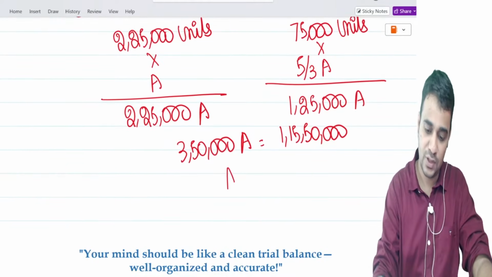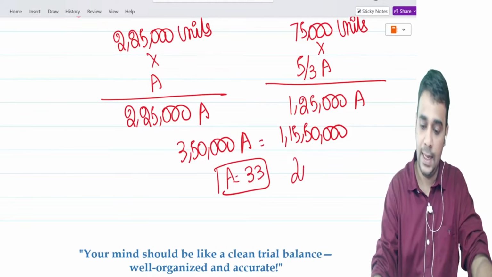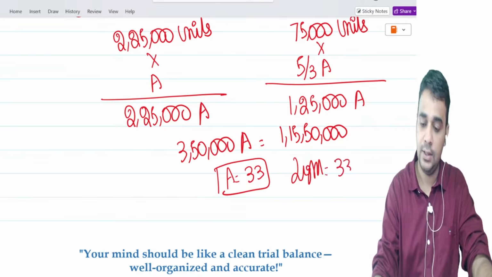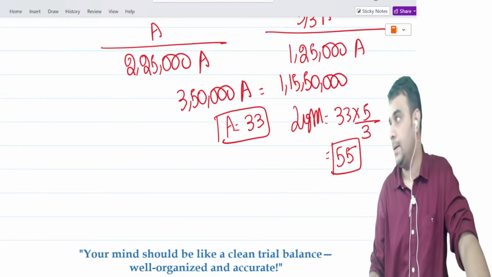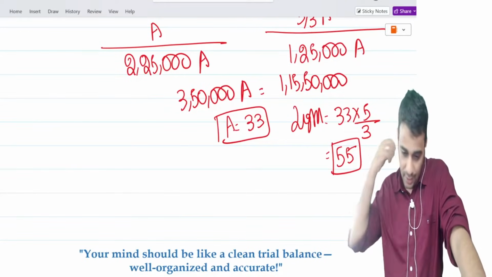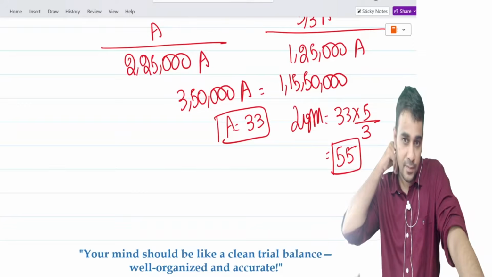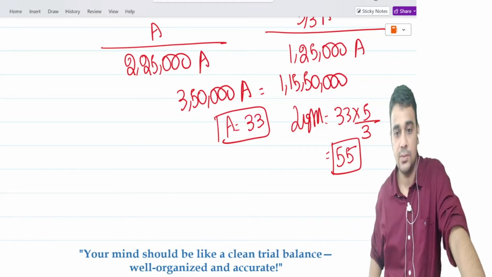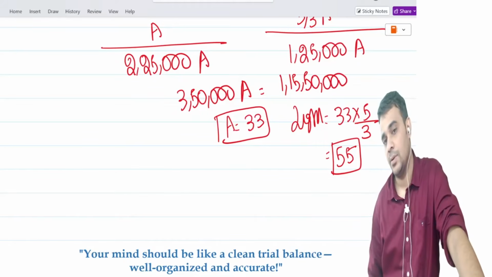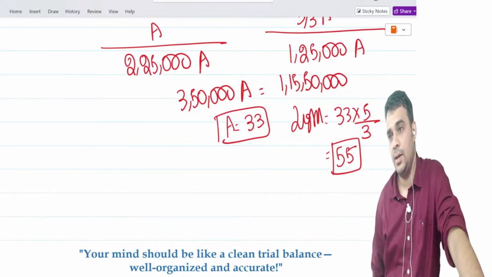I cannot use it directly because this is the type C cost. And lightning is 33 into 5 by 3, which is 55.